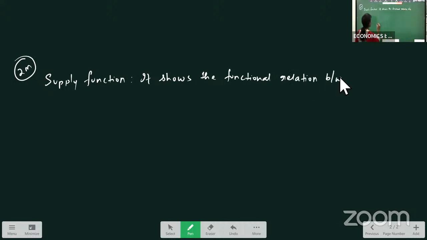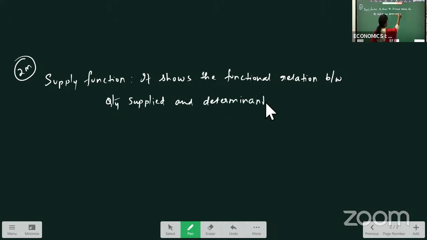It shows the functional relation between quantity supplied and determinants of supply. So just see what is supply function. Supply function shows the functional relation between quantity supplied and determinants of supply.